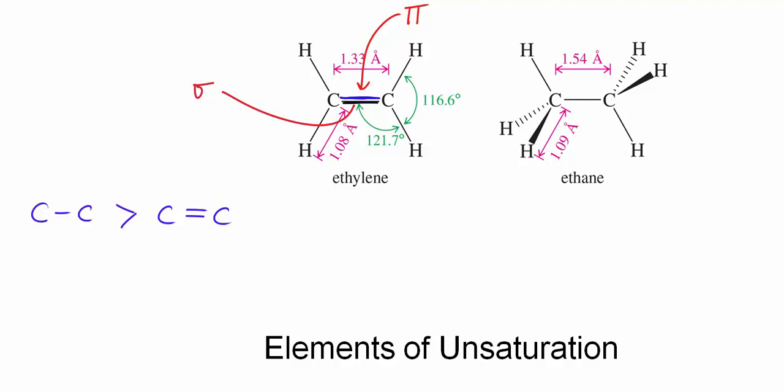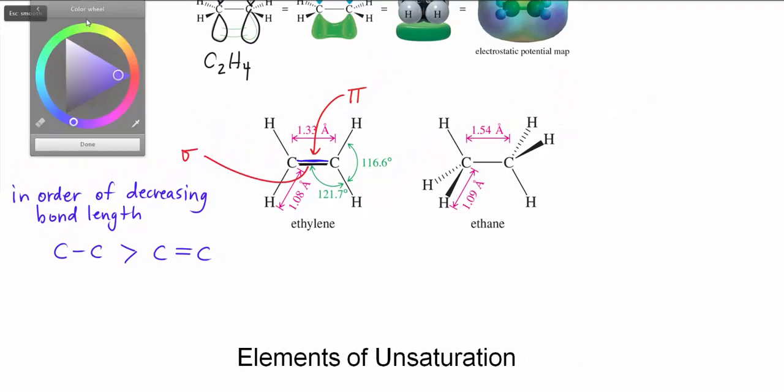So in order of decreasing bond length, your carbon-carbon single bond would be longer than your carbon-carbon double bond. And we can see this number in angstroms.